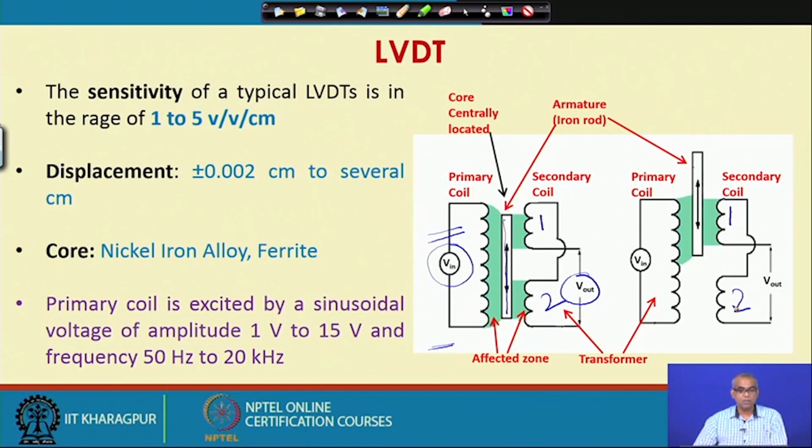The sensitivity of a typical LVDT is in the range of 1 to 5 volt per centimeter. The displacement that can be measured may be very small. It is plus minus 0.002 centimeter to several centimeter.